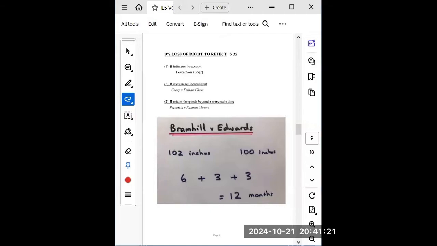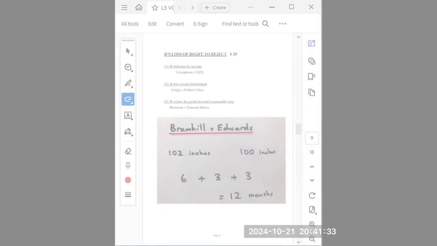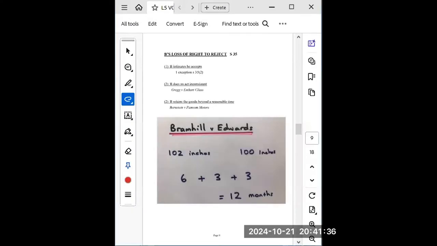You see, Section 34 is rule number 1. Section 35 cannot override Section 34. The point is, Section 34 wants to ensure that the buyer has an opportunity to examine the goods.